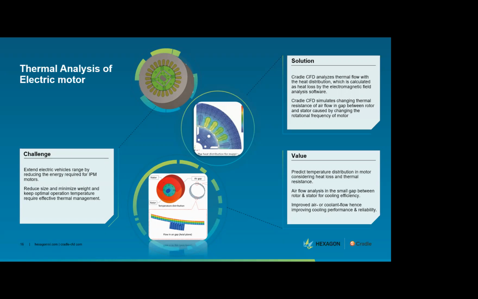Unfortunately, these two aspects go one against the other, because by reducing weight, so reducing sizes and tightening everything together, there will be less space for heat to be taken away. So thermal management becomes a huge challenge. The idea is to reduce the energy required by the motor so as to extend the EV range.